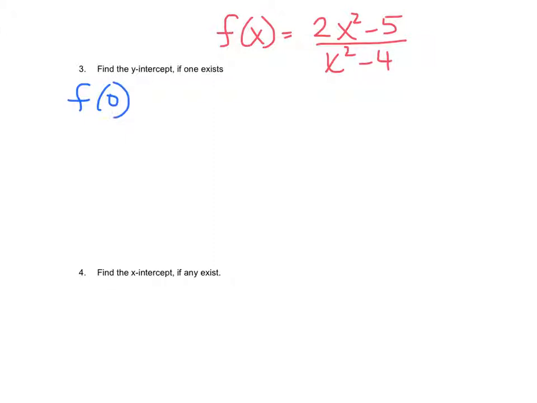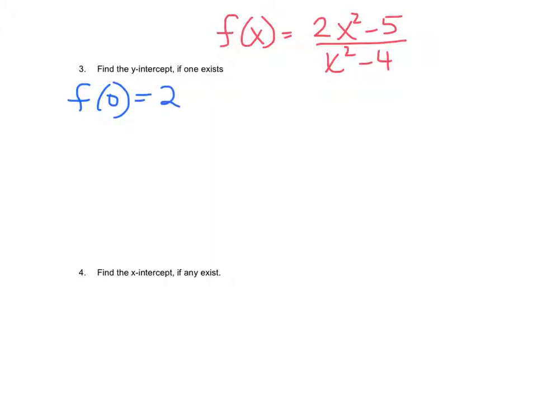Let me just write our function up here before we forget. So it was f of x equals 2x squared minus 5 over, I can put it in either form. It doesn't matter if you have it in factored form or not. So to find the y-intercept, I'm plugging in a 0 for x.